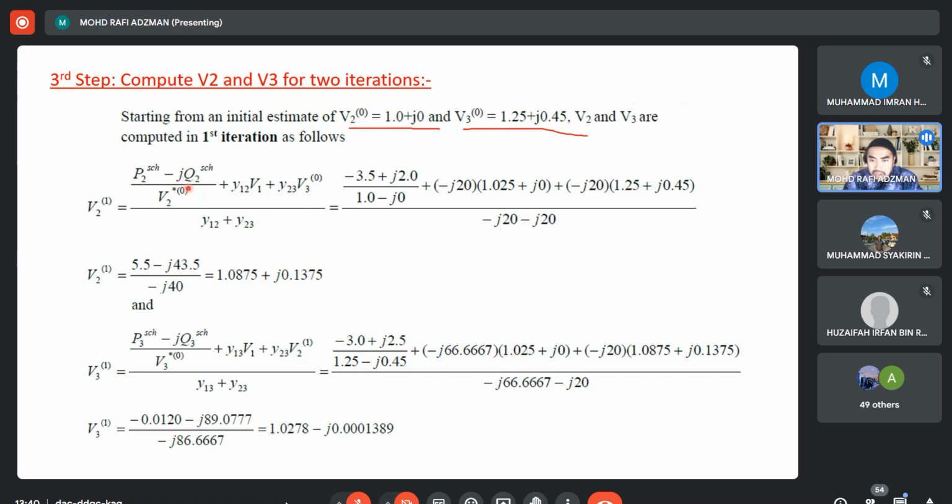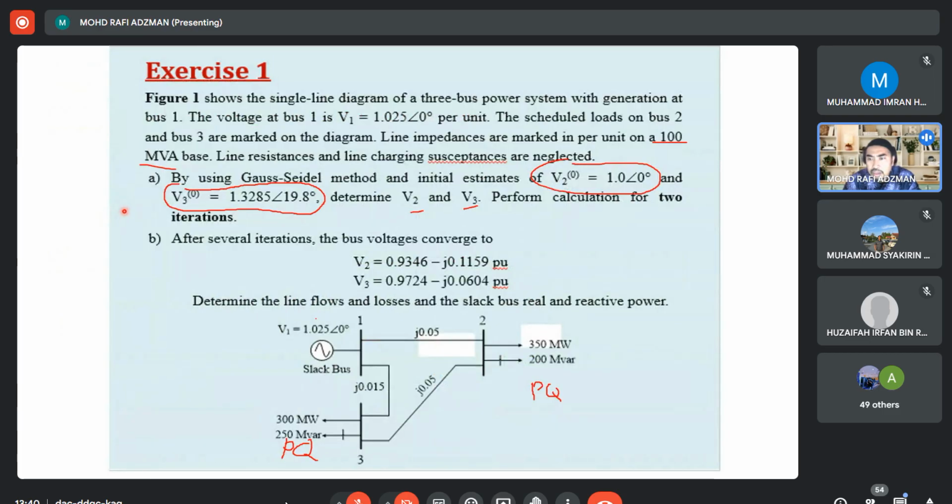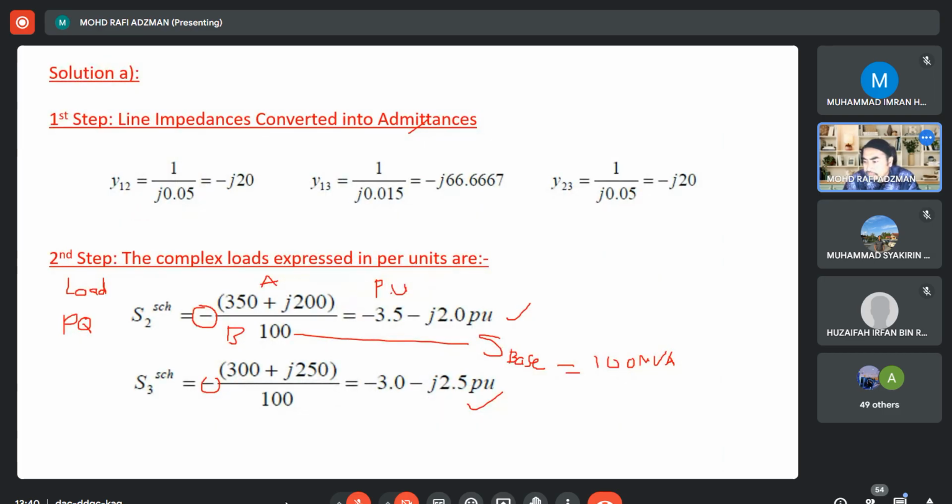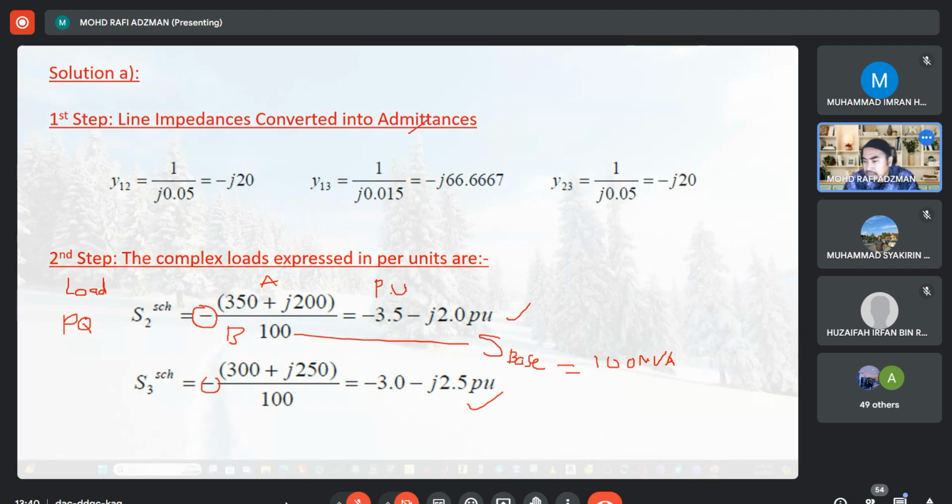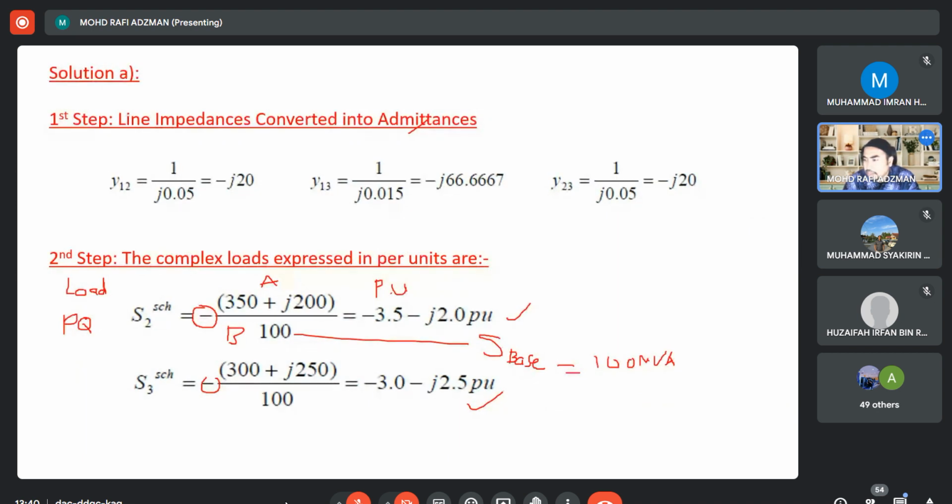So I want to remind you all, in any test, for example, you didn't get this equation, you need to know how to produce this equation. But normally in the test, we only provide you the general basic equation to find what is V2 first iteration. For example, in the previous lectures, you have this equation.